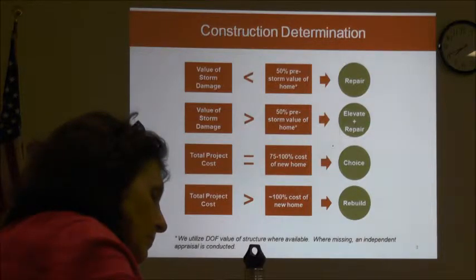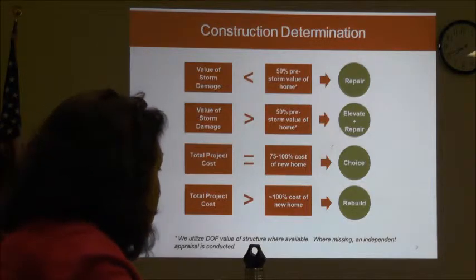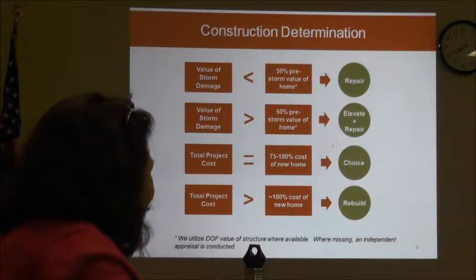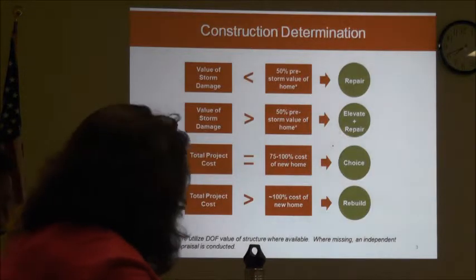So we look at the value of the storm damage, both the work that has been completed and the work that still needs to be done, and we compare that to the pre-storm value of the home, which is the Department of Finance structure value, which is not the amount that the home sold for. It's not the amount that a real estate agent will provide. It is a very specific number that is very hard to find on a DOF website. But if you have any questions about that, we're happy to provide further guidance.